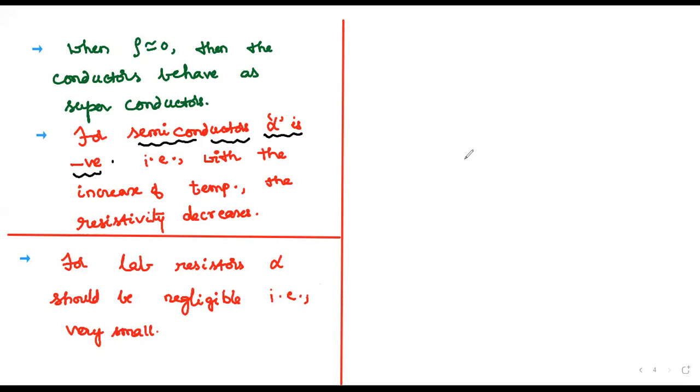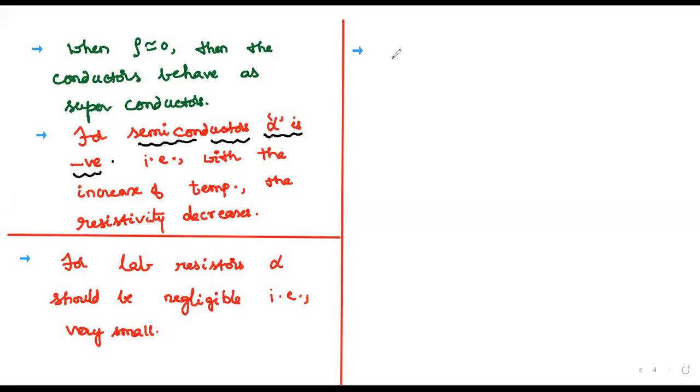Who will have that much small alpha, sir? Naturally, the elements won't have less alpha. You know, even in first year in thermal properties of matter, we say the length of the conductor should be constant in pendulum clocks. If the length changes, the time period of pendulum clocks changes. That's why length should be constant in all seasons.